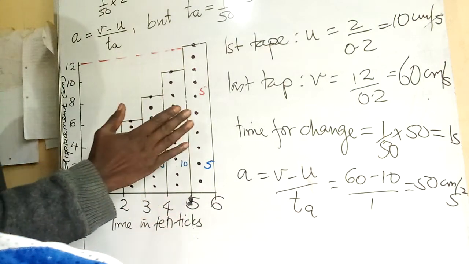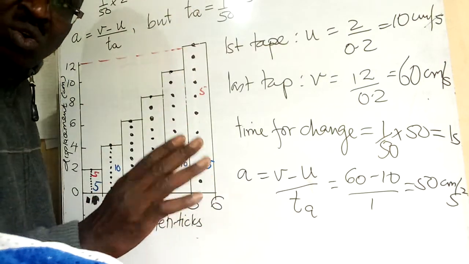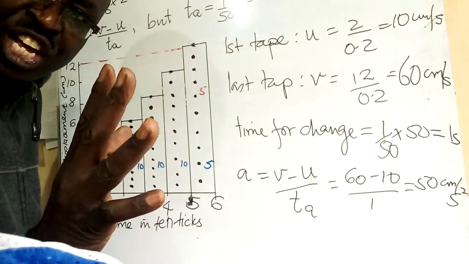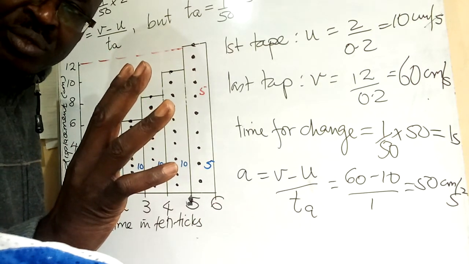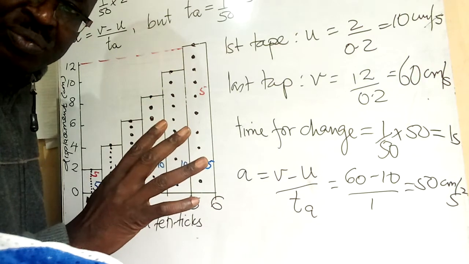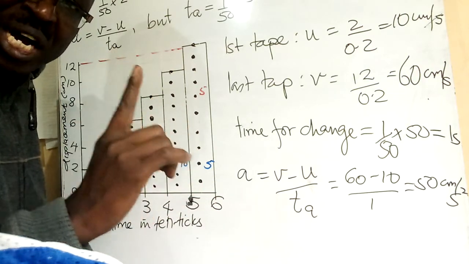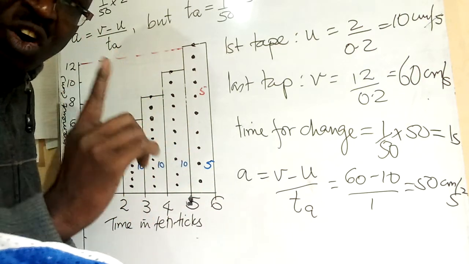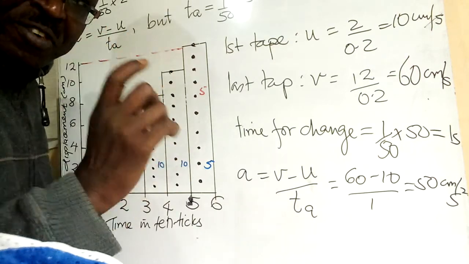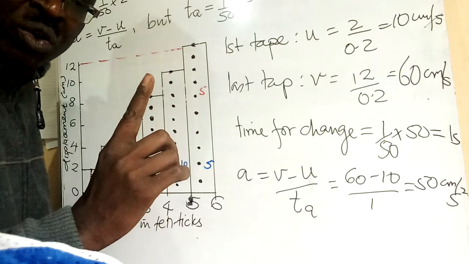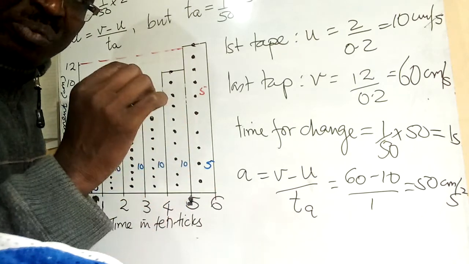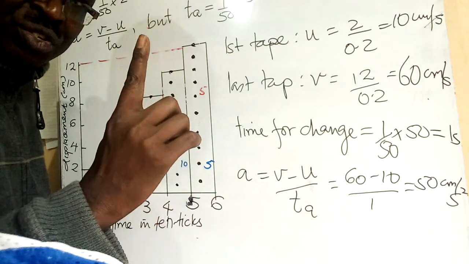Folks, these are the two possible ways in which a ticker timer can be asked. Remember, you must know the frequency of the timer. The frequency of the timer, its reciprocal, gives you the time taken to cover one space.